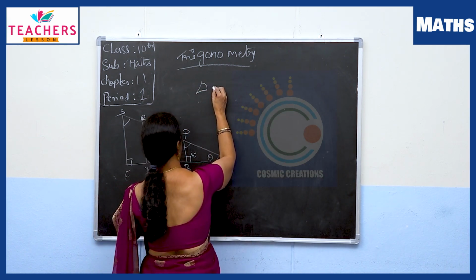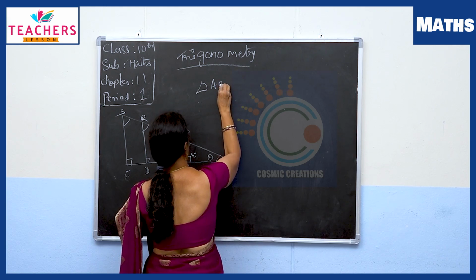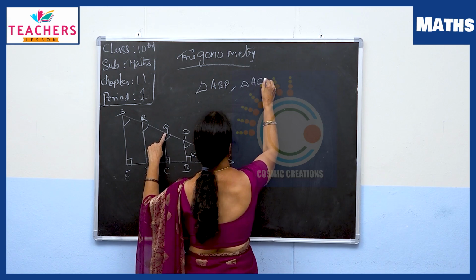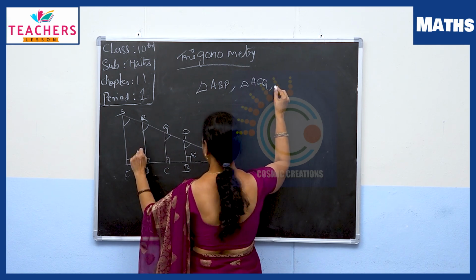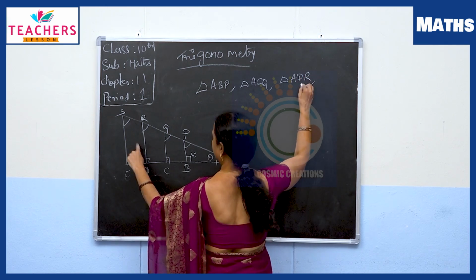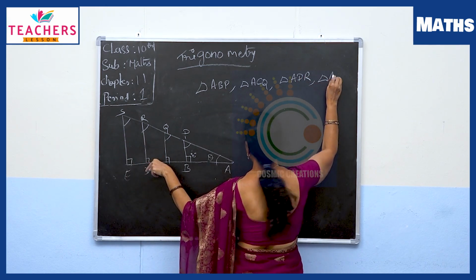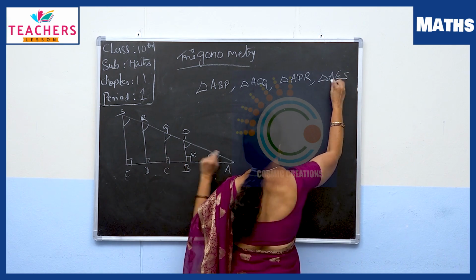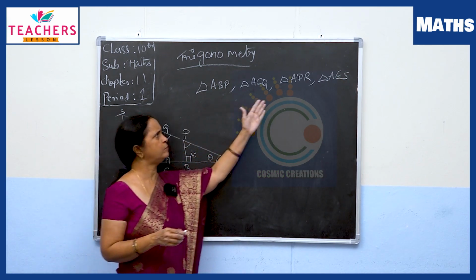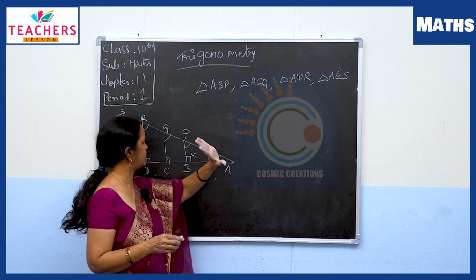First triangle ABP. Next triangle ACQ. The other one, triangle ADR, and one more triangle AES. How many triangles are formed? 1, 2, 3, 4. 4 triangles are there.